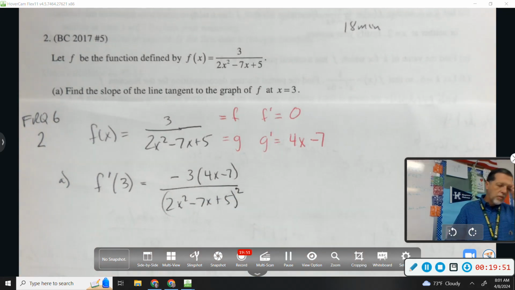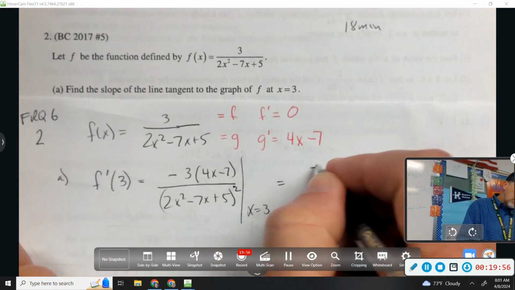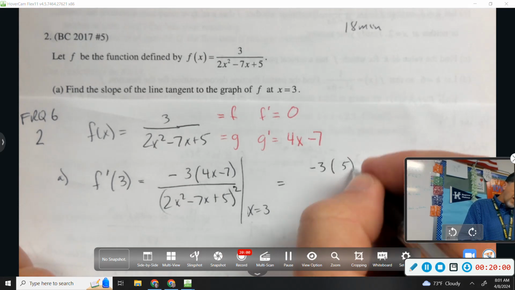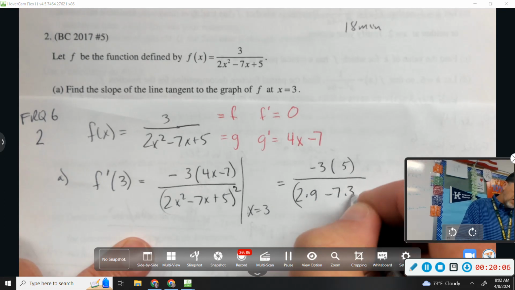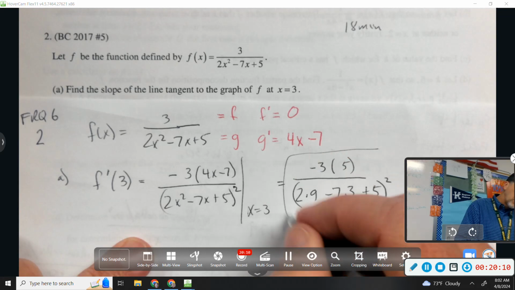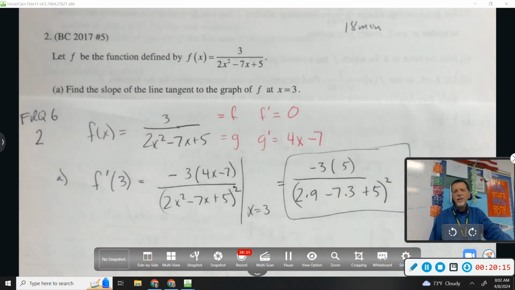And so at 3 means plug in 3. So negative 3 times 12 minus 7 is 5. Oh, a safe stop coming very soon here. 2 times 9 minus 7 times 3 plus 5 squared. And there's my slope of the line tangent to the graph at x equals 3.